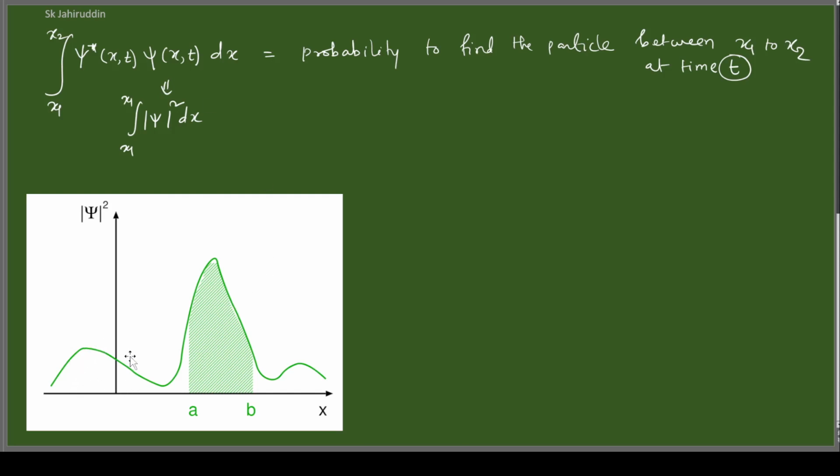If I plot psi star psi in a graph, and say this is x1 and x2, and this means a and b, then the integration, the area between a and b, will give you the probability to find the particle between a and b. So this green shaded area is the probability.